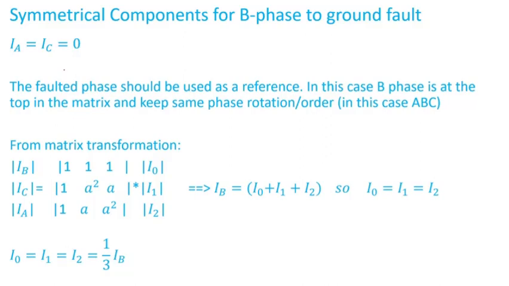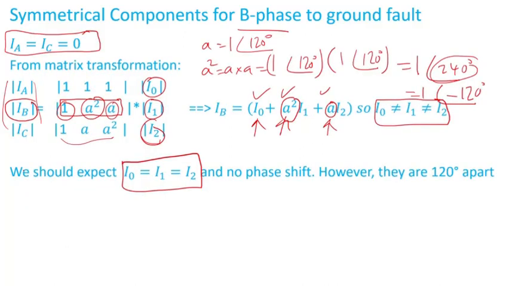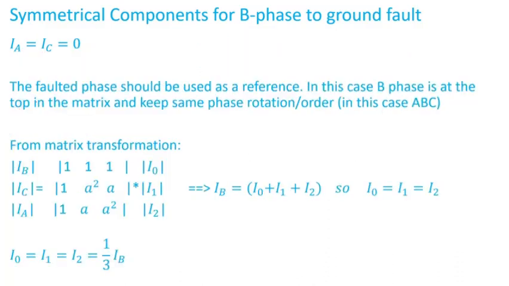The issue here is that in the previous slide I put the same order here, phase A, B, C, but really you should start with the faulted phase at the top, phase IB basically, but keep the same order. I'm assuming ABC phase rotation counterclockwise. In other words, A will go first, B second, then C third.